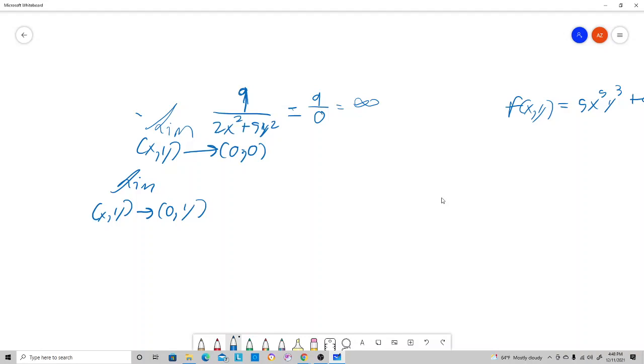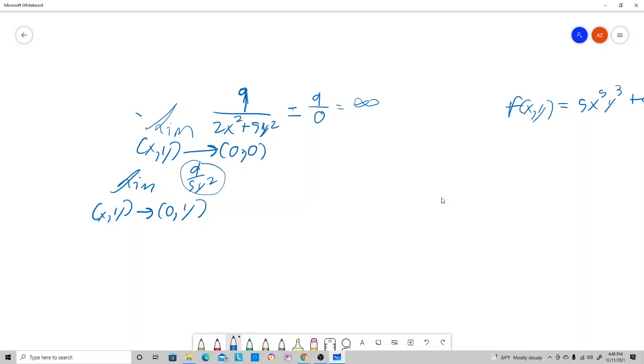So now we can do substitution. The x's will become zeros and the y's will become y, right? So we have 9 over 5y squared. And then that's the solution, right?